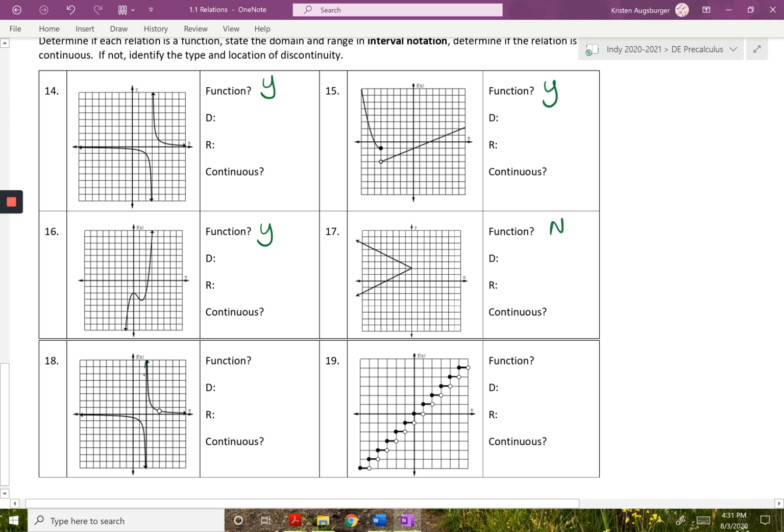As long as you understand that what's on here is an asymptote, and that's not actually part of the graph, it's also a function, just like number 14. Number 18, we're going to talk a lot about guys like this later on. This is my step. It is a function, because if I look here, every time I go up, each of those circles is an open circle.